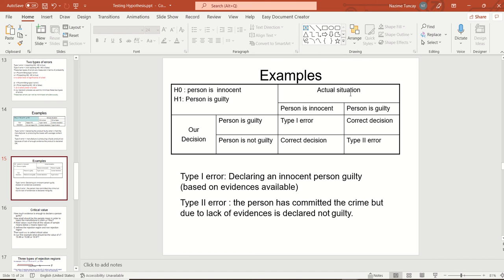The court case is interesting, that's why I have some court case examples. If the person is innocent and we say he is guilty, this is type 1 error. If the person is guilty and we say not guilty, this is type 2 error.